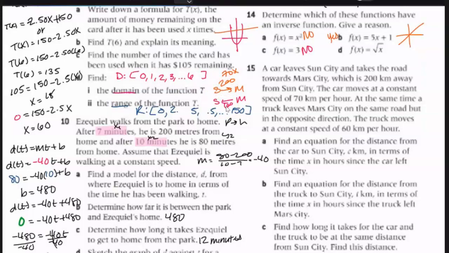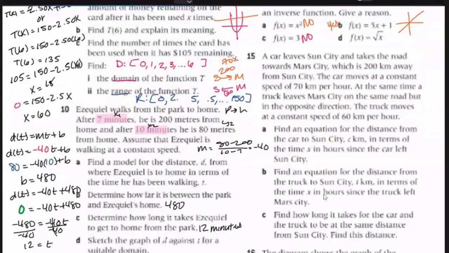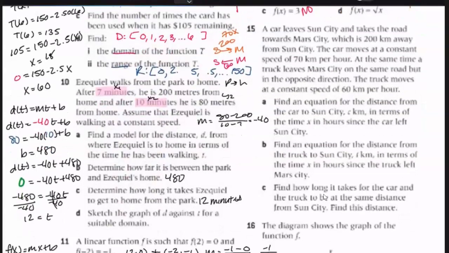So we have to find the equation for the car. But this was the one, we had it on the quiz, where we had to be careful. We had to say, okay, well, we have to find the equation of the distance from the car to Sun City. So we're measuring distance from Sun City in terms of time, x, in hours since the car left Sun City. Well, it's going from Sun City and it's going to Mars City. If we are measuring the distance of Sun City, we start at Sun City.